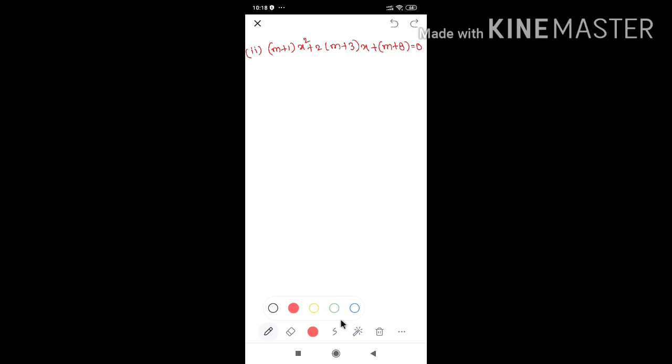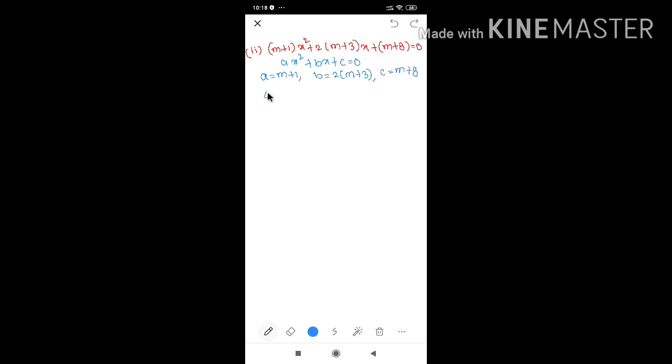The question is the direct original function only. ax square plus bx plus c is equal to 0. a value is m plus 1 and b value is 2 times of m plus 3 and c value is m plus 8.